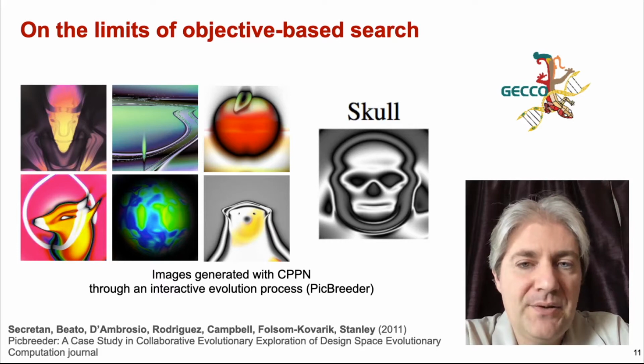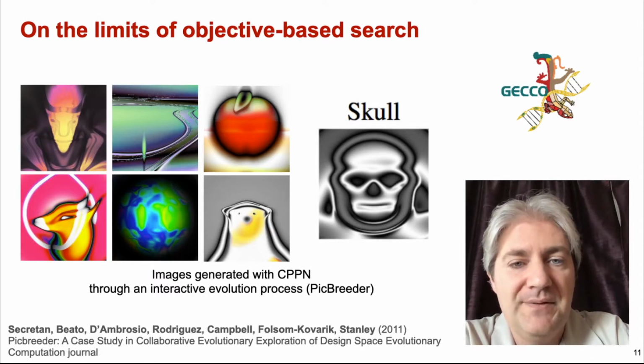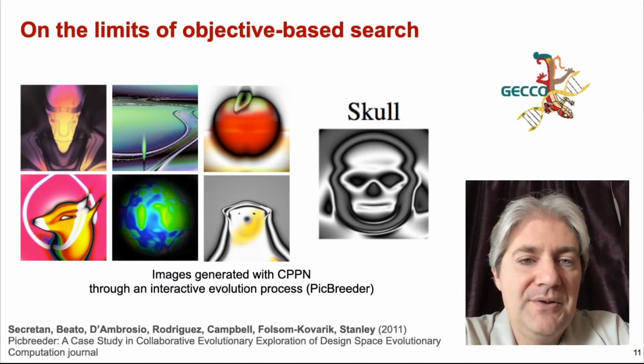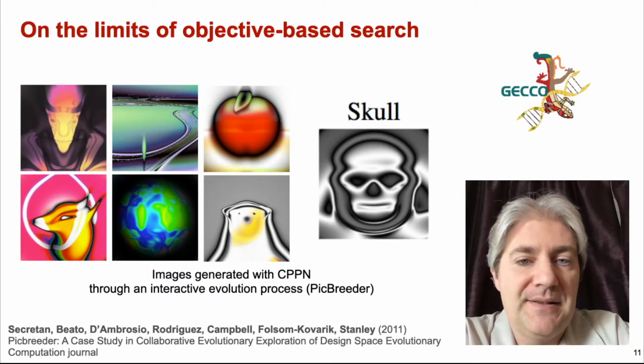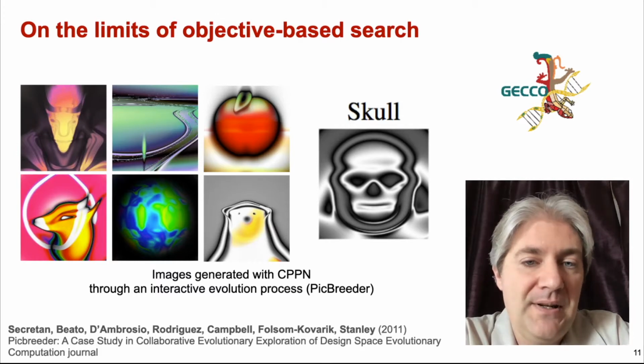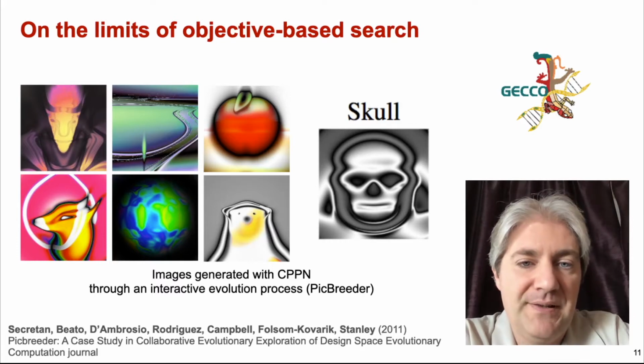Those CPPNs are networks with different activation functions that are used to generate the images. Each pixel is given by the value of the CPPN once we provide as input the coordinates of the pixel.